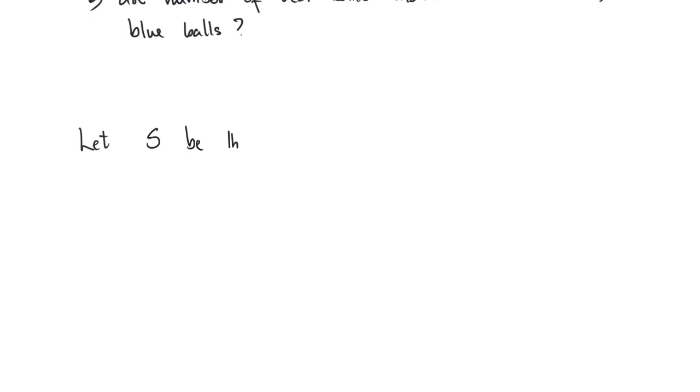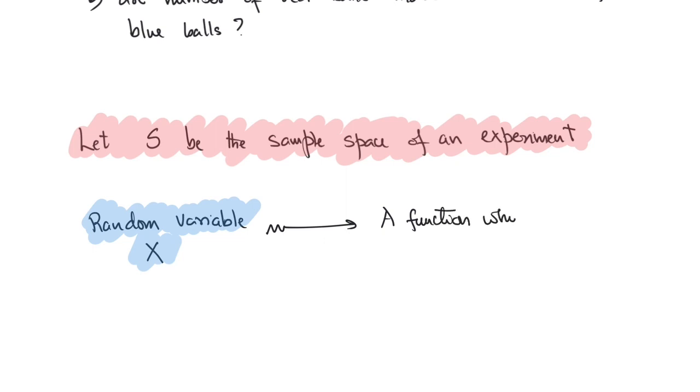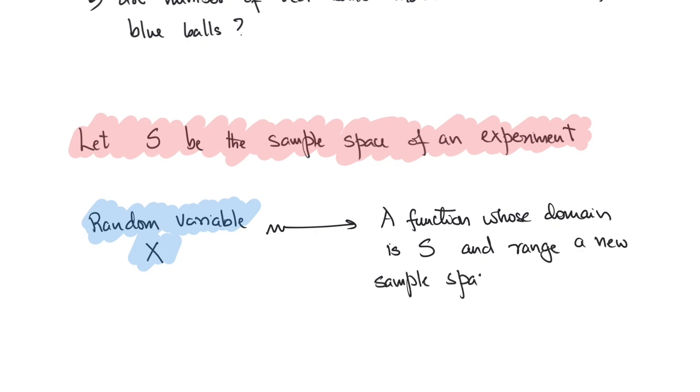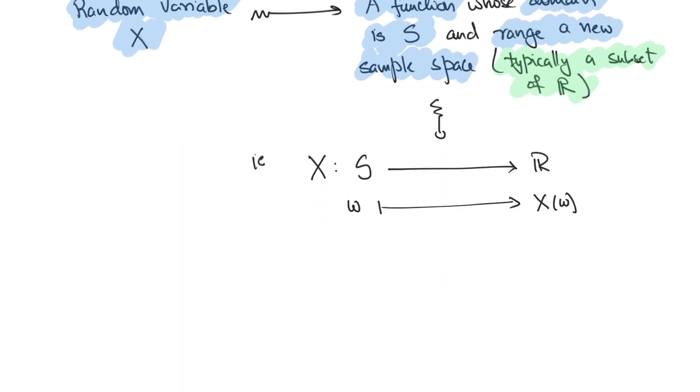To make this idea precise, let S be the sample space of an experiment. We will define the random variable x as a function whose domain is the sample space S and range is a new sample space, typically a subset of R or sometimes all of R. That is, x is going to be a function going from S to R, sending an outcome omega in S to x of omega.